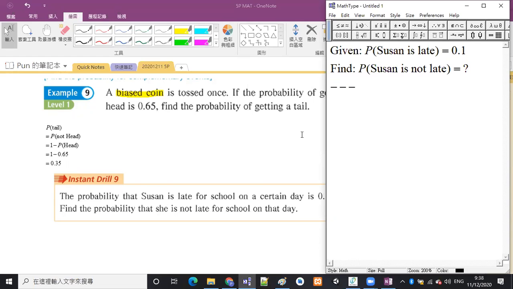So what we're going to do is P, Susan is not late, is equal to, because we can think that Susan is late and Susan is not late is already everything.